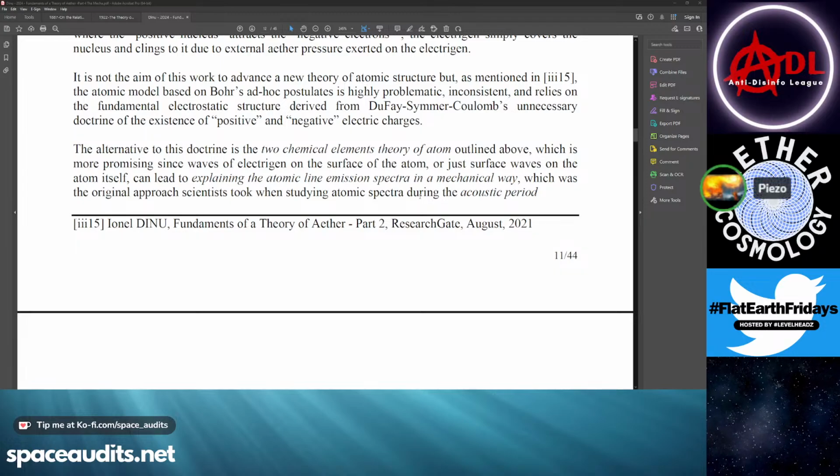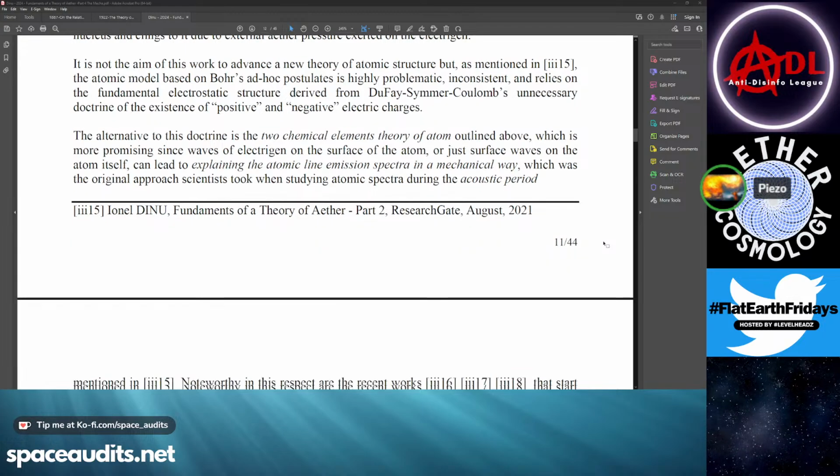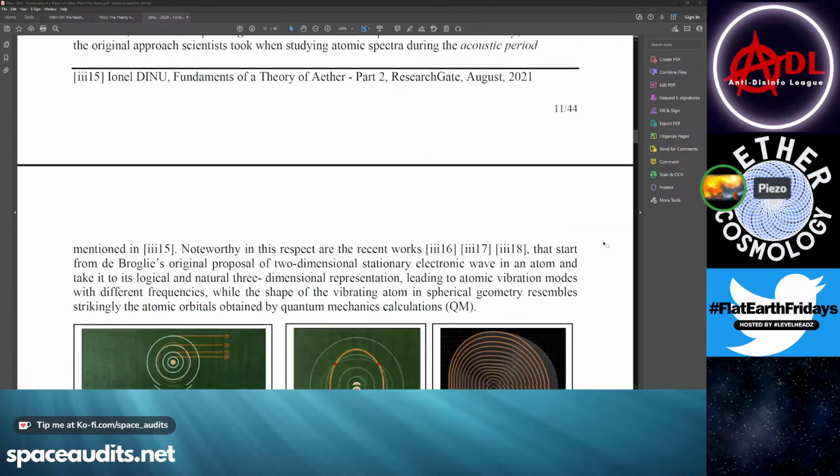The alternative to this doctrine is the two chemical elements theory of atom outlined above, which is more promising, since waves of electrogen on the surface of the atom, or just surface waves on the atom itself, can lead to explaining the atomic line emission spectra in a mechanical way, which was the original approach scientists took when studying atomic spectra during the acoustic period, mentioned in reference 315.